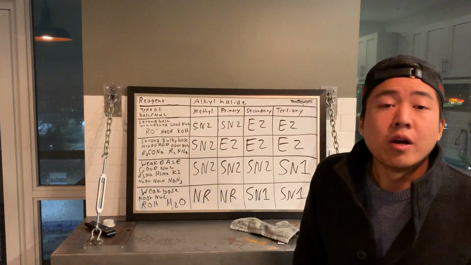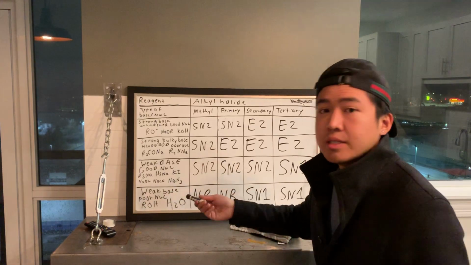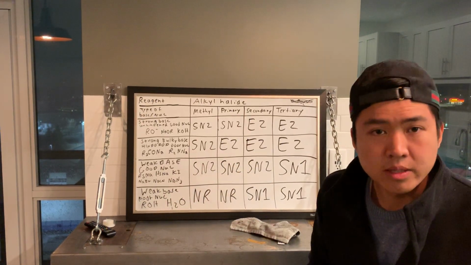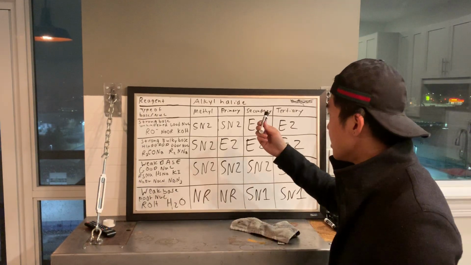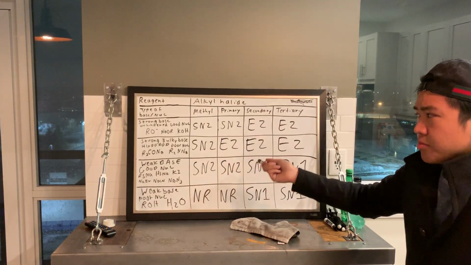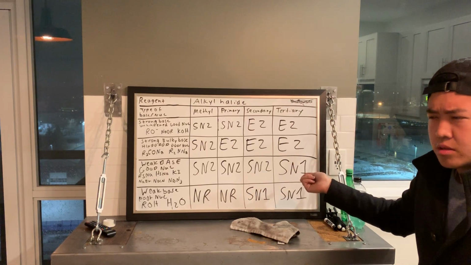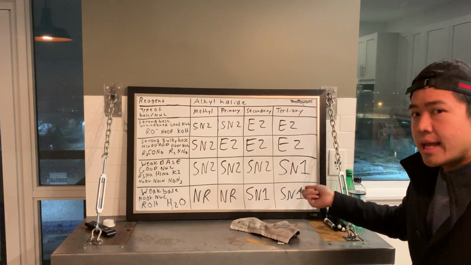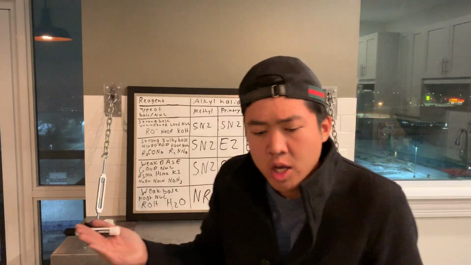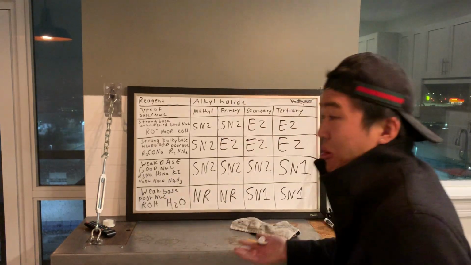Weak base, good nucleophile. Methyl is SN2. Primary, also SN2. Secondary, SN2. I'm just making the alkyl halide more hindered. Tertiary, SN1. SN2 anymore? It's too hindered. I don't do SN2. I do SN1.